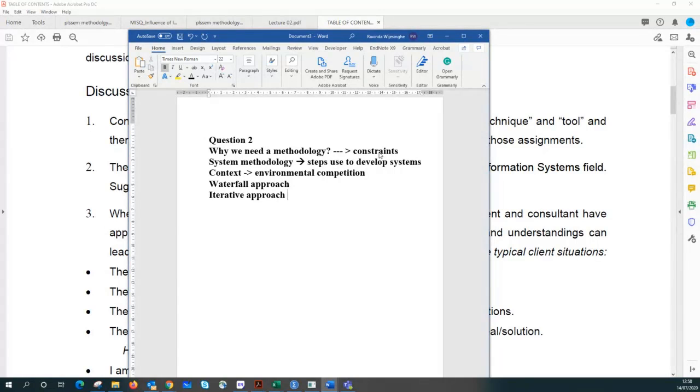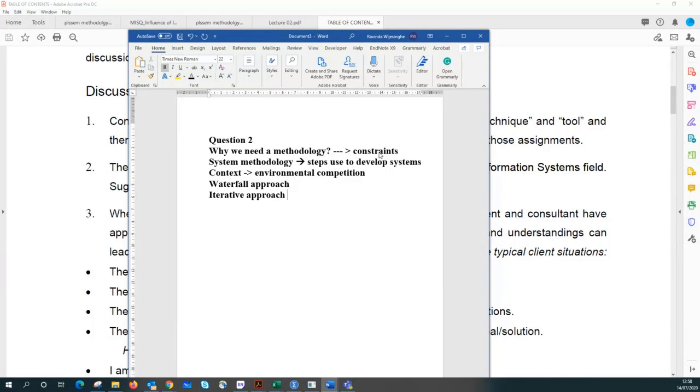So in the iterative approach, we go through each of the six core processes iteratively until we produce the final product, right?